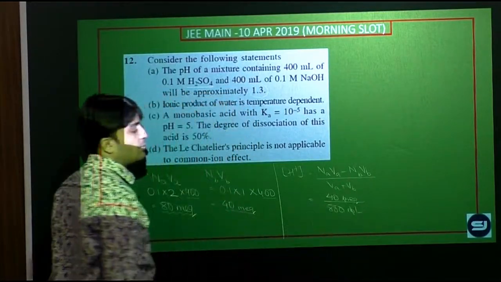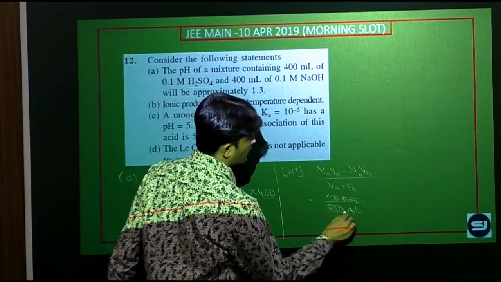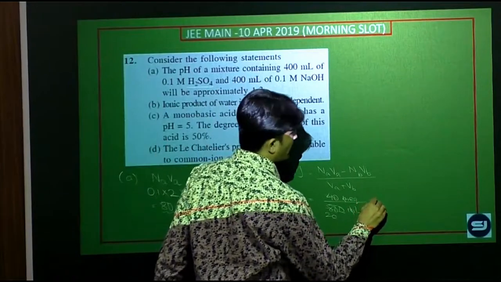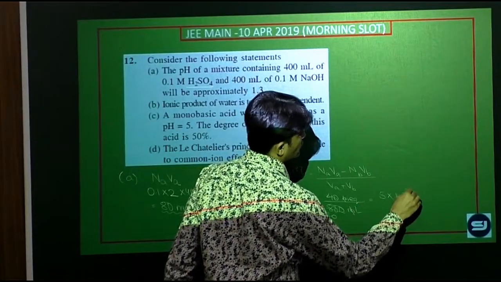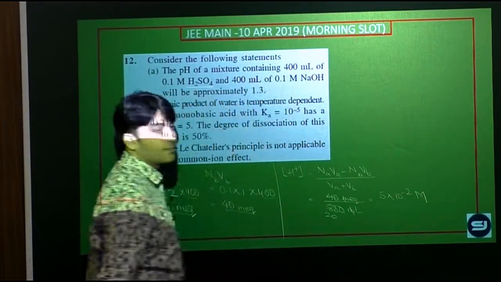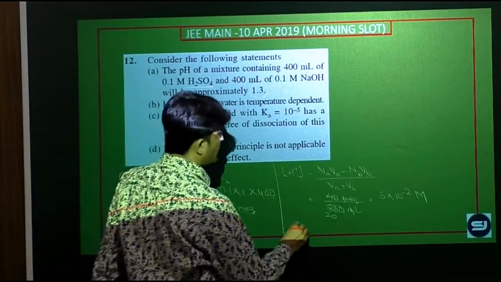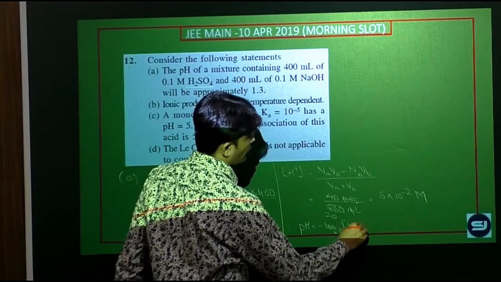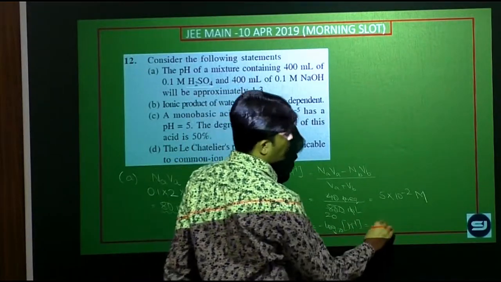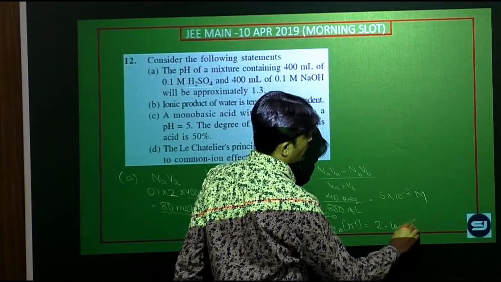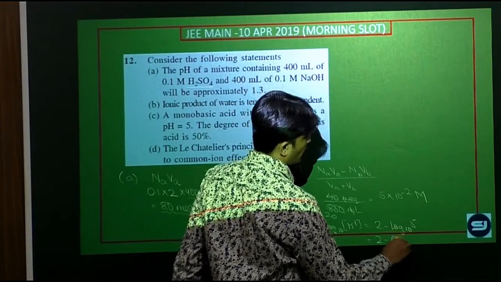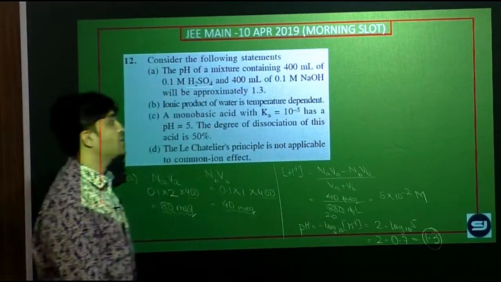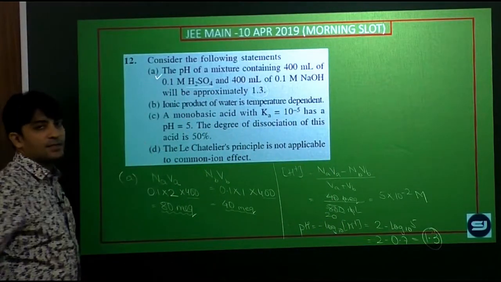Both are in milli, and 40 divided by 800 is 1 by 20. 1 by 20 is 0.05, which means 5 into 10 raised to minus 2 molar. After H plus, we have to get pH. What is pH? Negative log to the base 10 of the concentration of H plus. If I take minus log of this, I'll get 2 minus log 5. And log 5 is 0.7. The answer would be 1.3, which exactly matches. Hence, A is a correct statement.